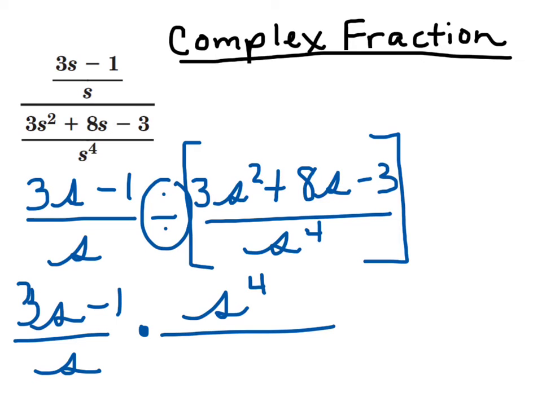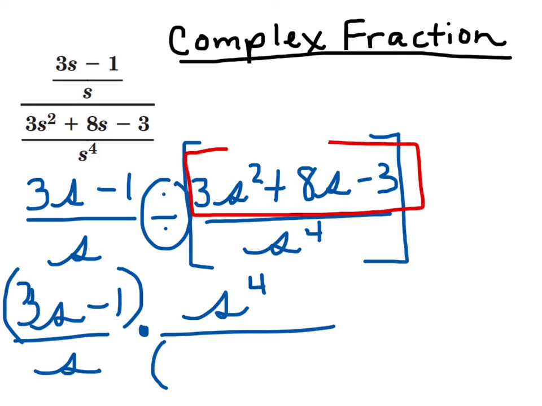But while I'm at it, I'm also going to factor. So I'm going to wrap parentheses around my 3s minus 1 in the numerator, since I recognize that that is also a binomial factor.